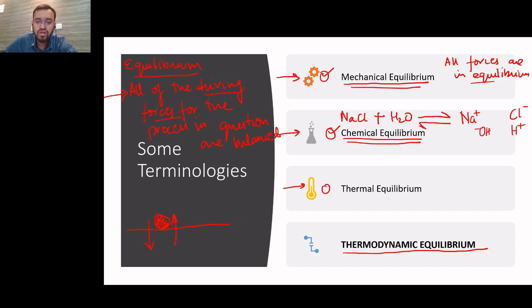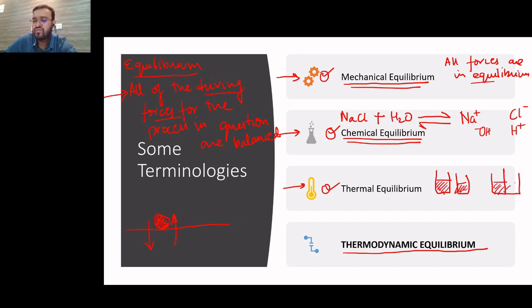Then we talk about thermal equilibrium. Thermal equilibrium simply means that there is no net heat flow. For example, you take two glasses and fill them from the same tap, glass A and glass B, and bring them in contact with each other.